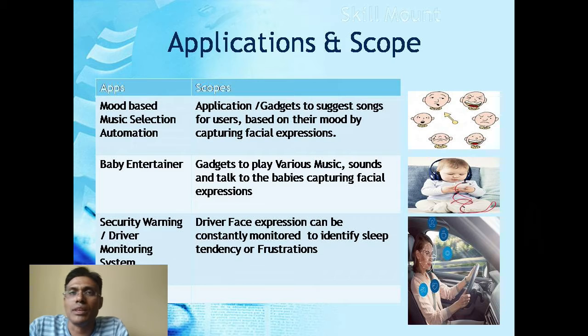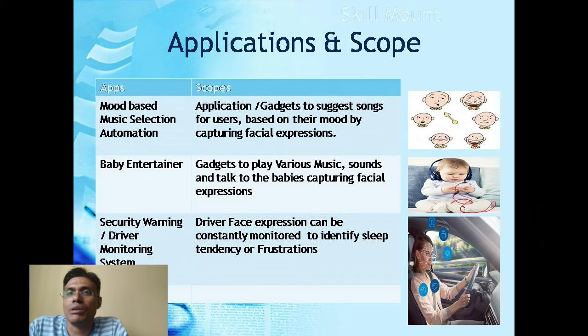Another example is you are working from home and you're busy with back-to-back meetings and you don't have a babysitter to take care of your kid. A system which identifies the kid's mood and starts playing different music or lighting or video or interaction, like different kinds of sounds and things like that.